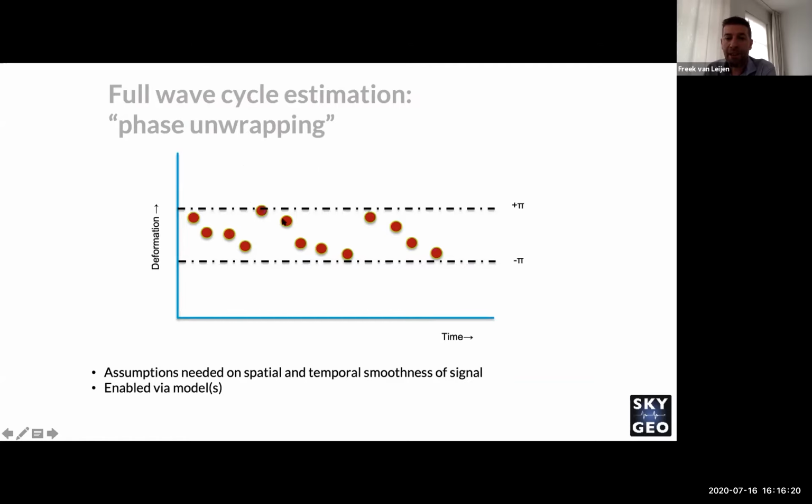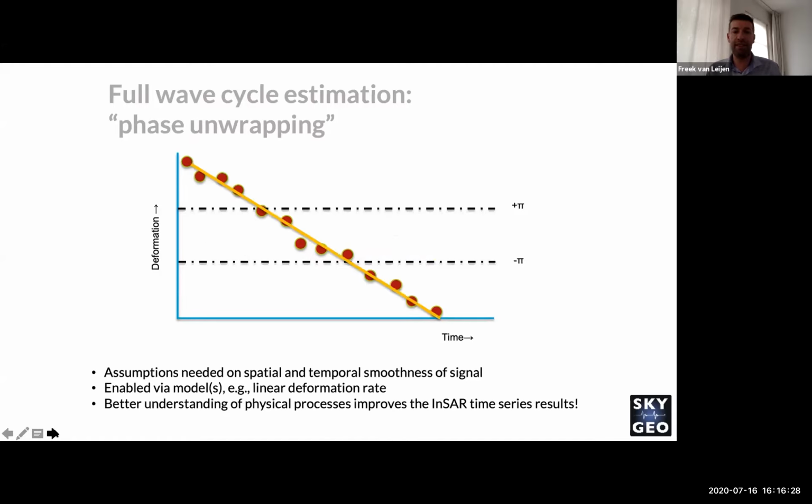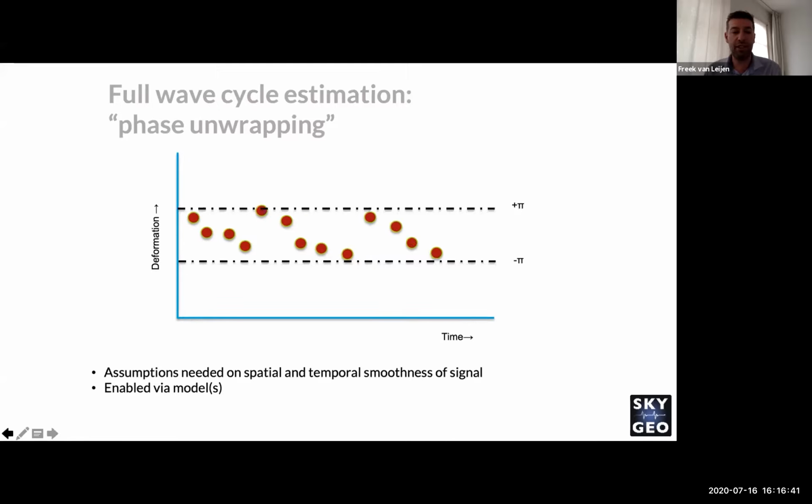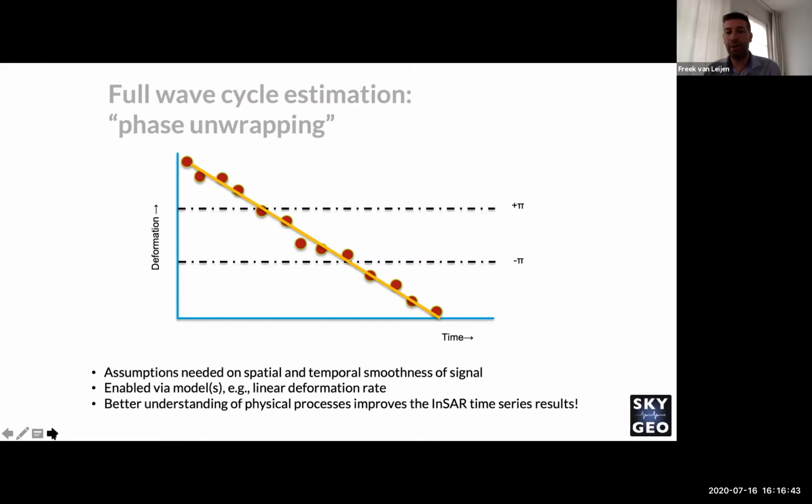But as you can imagine, this is not representing the true deformation. And the true deformation is more something like, for instance, this. So there's a sort of gradually subsiding deformation going on, but we need to resolve this problem, to go from the original observations to the true deformation.